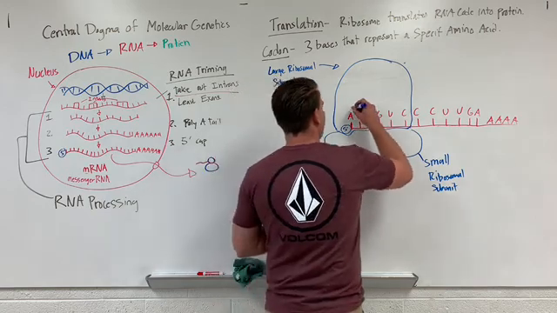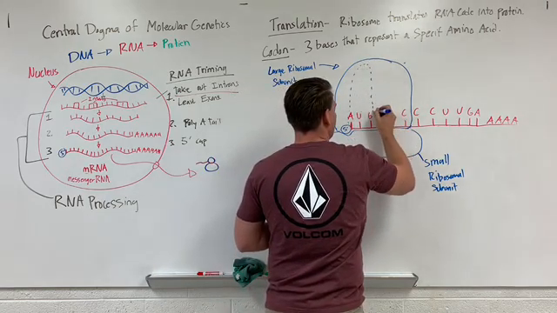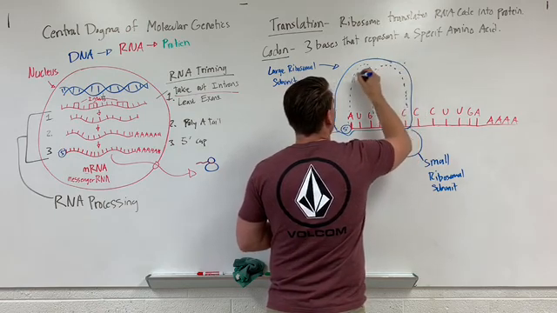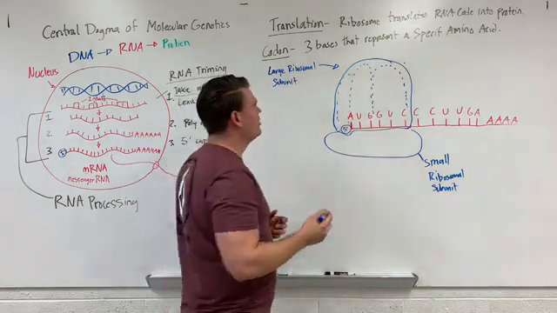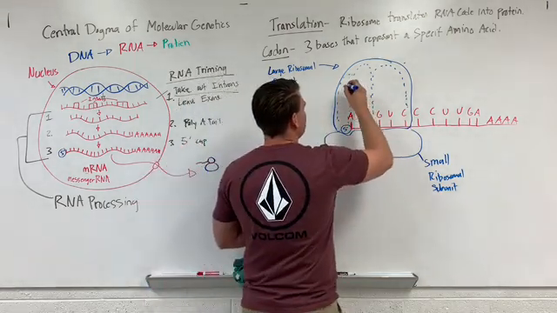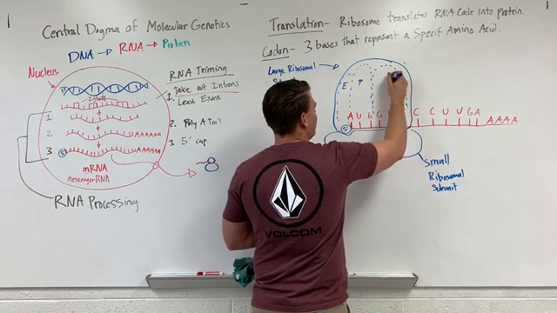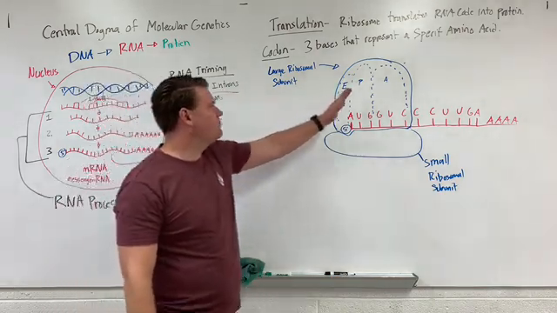And what we find out here is that in our large ribosomal subunit, there are these indentations. There's 3 of them. We call them sites. We have our E site, our P site, and our A site. All right, E site, P site, A site.